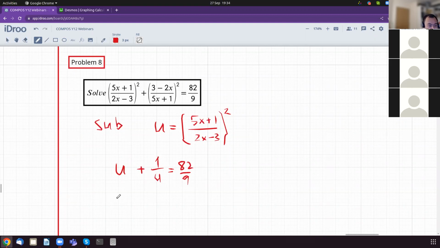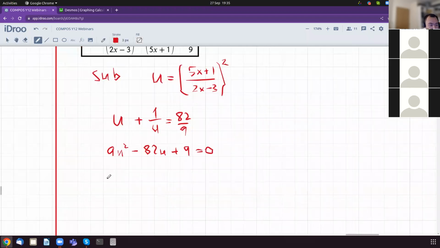You multiply by 9u, so 9u squared minus 82u plus 9 equals 0. You have u1 and u2 using Vieta's formula. u1 times u2 is c over a, so 9 over 9, which is 1.